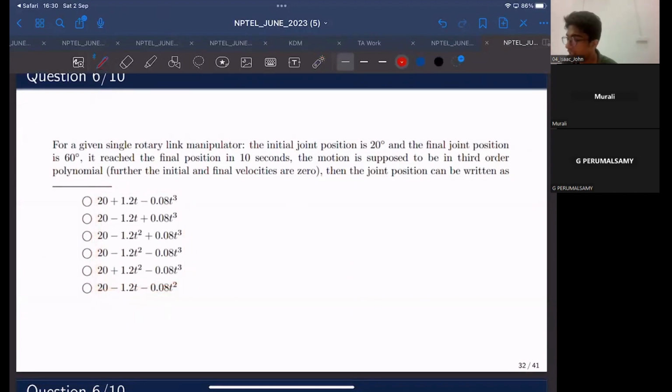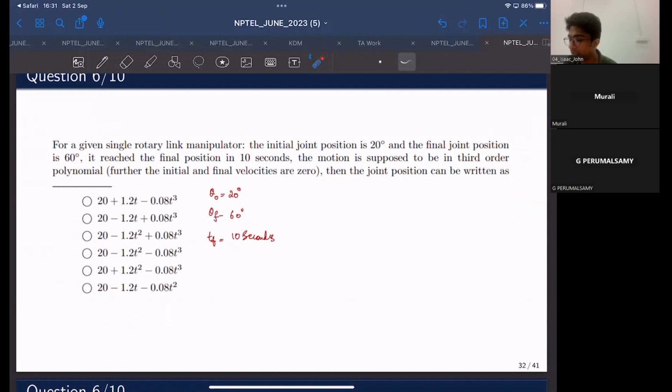The question gives you the initial position, theta 0 to be 20 degrees, and the final position, theta final to be 60 degrees, and the time it takes to move from 20 degrees to 60 degrees is given as 10 seconds. And we are also supposed to plan the trajectory using a third order polynomial.